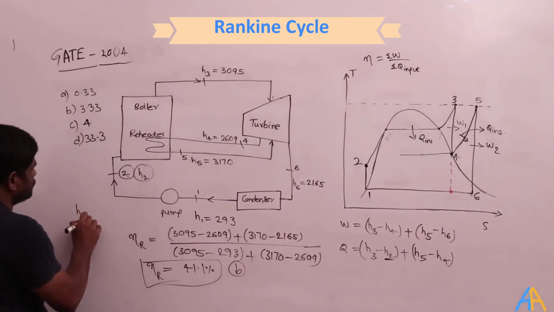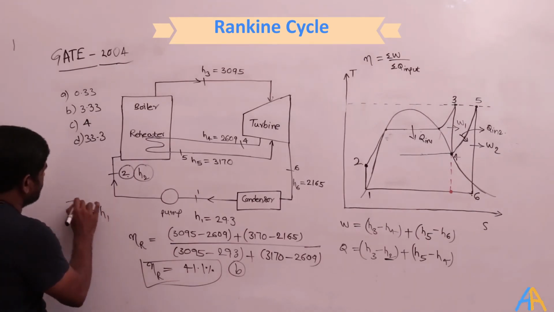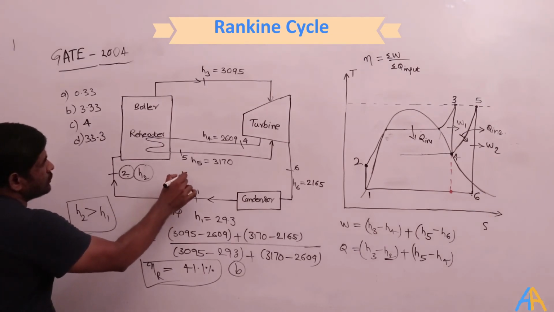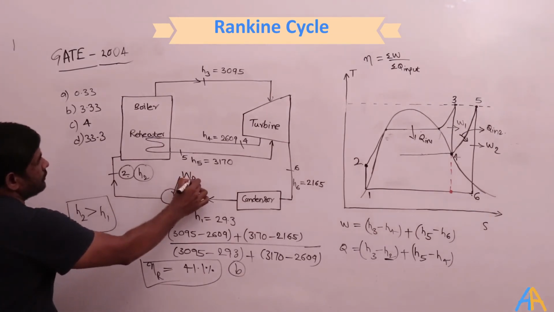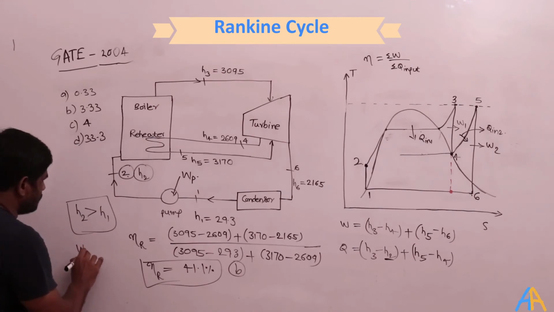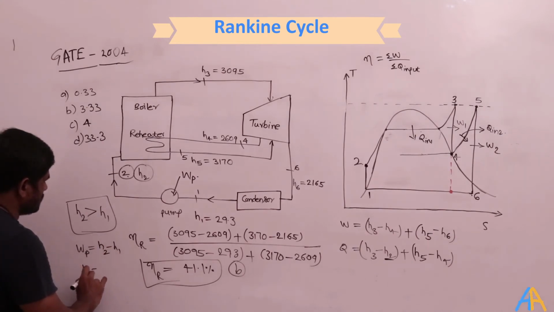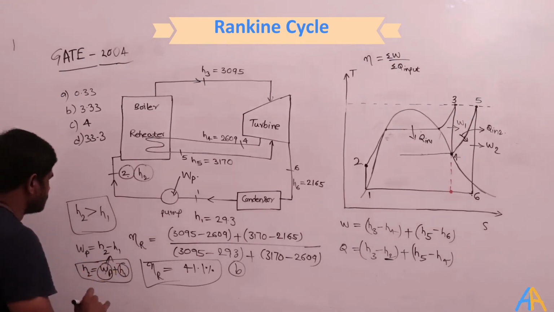Obviously, H2 should always be greater than H1. Why? Because here we are giving some work, the pump work WP. WP equals H2 minus H1, and H2 equals WP plus H1. WP is a positive value, and we are adding H1.